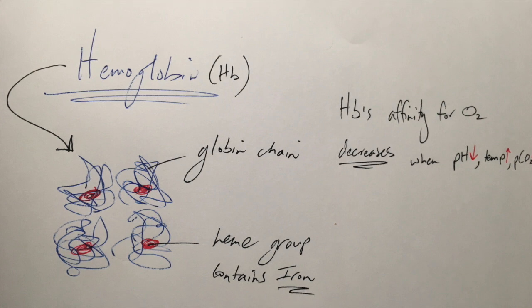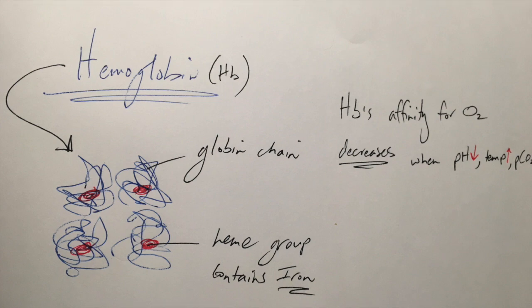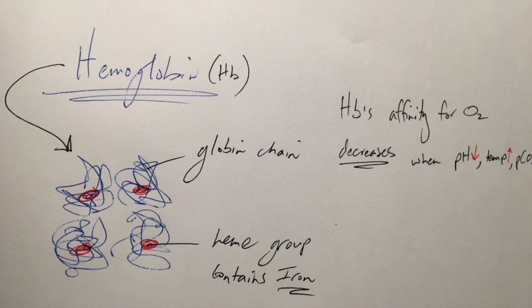So hemoglobin has a high affinity for oxygen when the temperature is down, when the pH is high, and when the partial pressure of carbon dioxide is high.